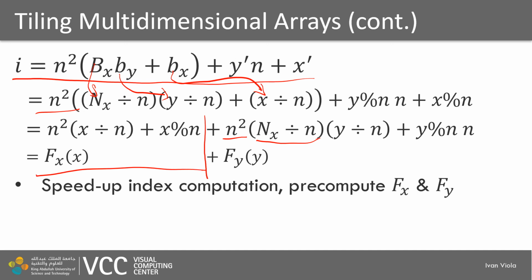One function which relates to values based on the x coordinate, and some function which relates to the y coordinate. And these functions we can basically pre-compute for our x and y and store them in a table. And once we need to fetch this information, instead of calculating it, we can just look it up. This will significantly speed up the computation of these indices, and the size of such a pre-computed table will not be too big.